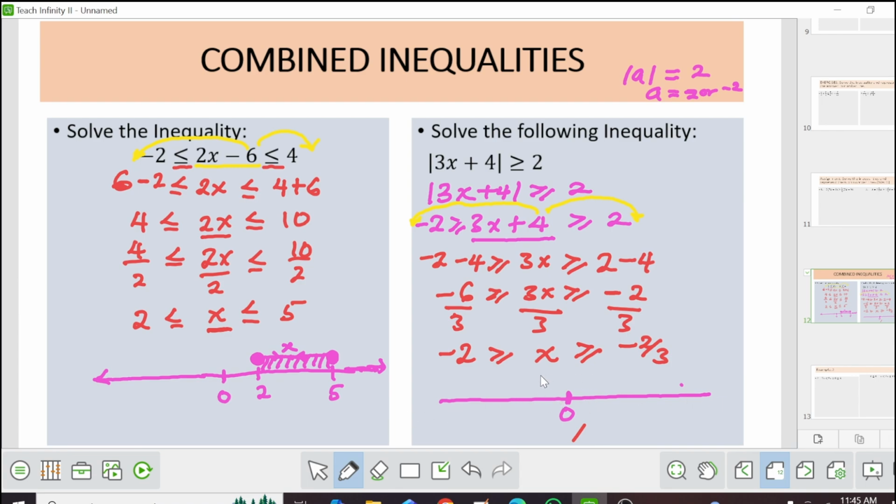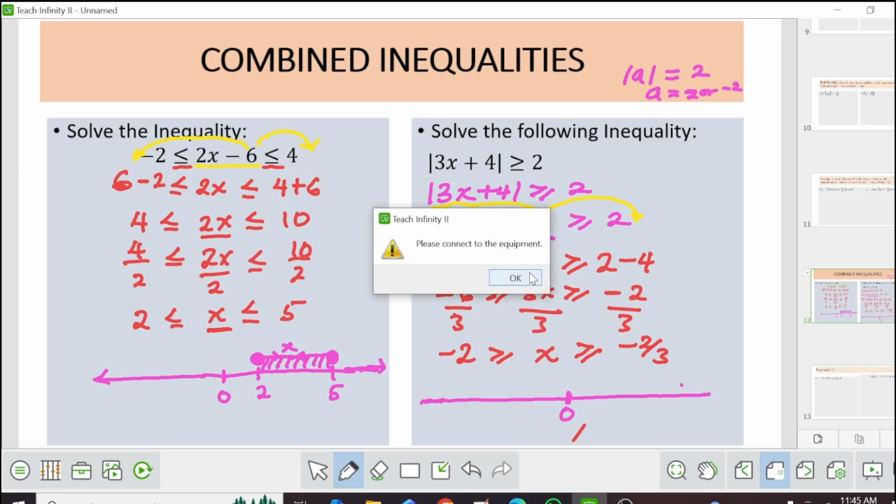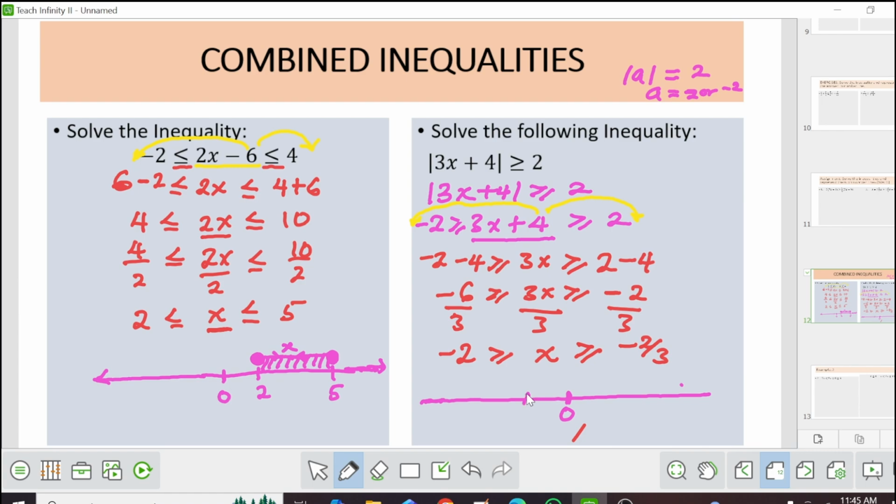If you look at the numbers given to us, they are both negative numbers, but this one is bigger, so it's closer to 0. So this is minus 2 over 3. Then here, this one is smaller, it's going to be minus 2.